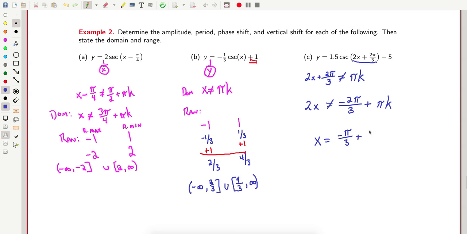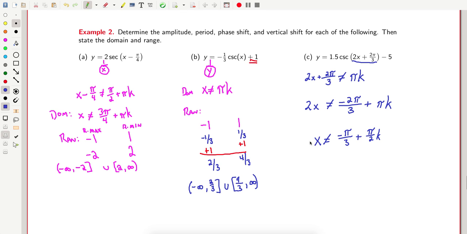I like to put the 2 below the pi, because what this means is we're going to get a vertical asymptote at -60 degrees, and then every 90 degrees left and right of that. So at -pi over 3, and every pi over 2 to the right, and every pi over 2 after that to the left. So our domain is x cannot equal this sequence, any of the values for integers of k.